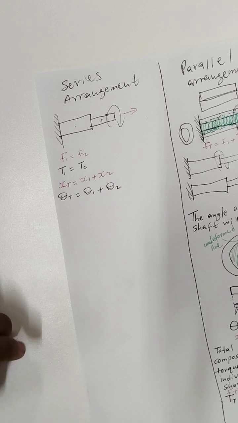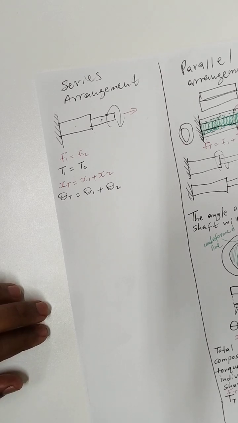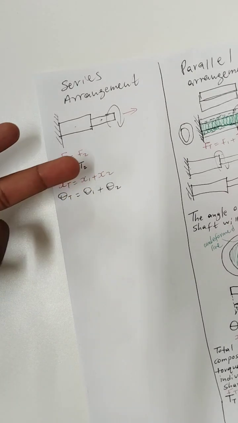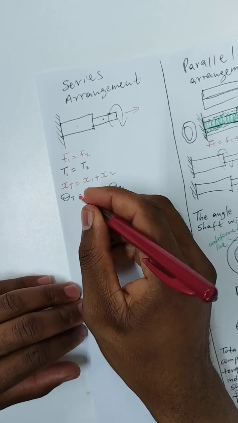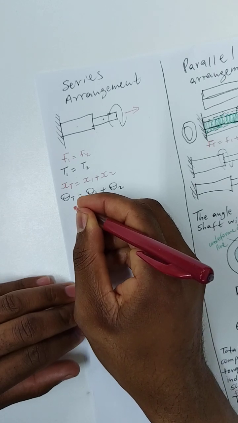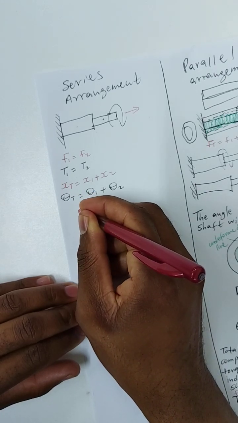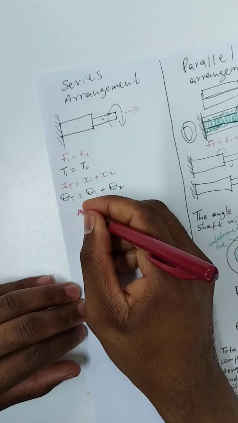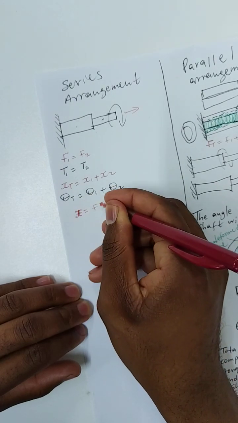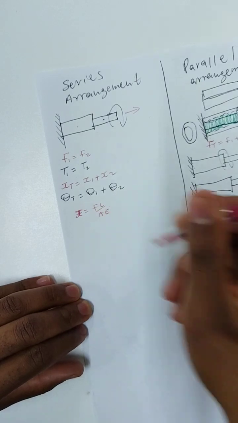Right. Then from there, we know that from that axial loading, we used to say X equals FL over AE.